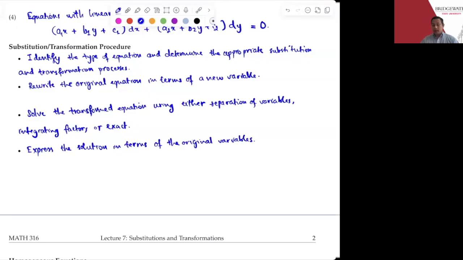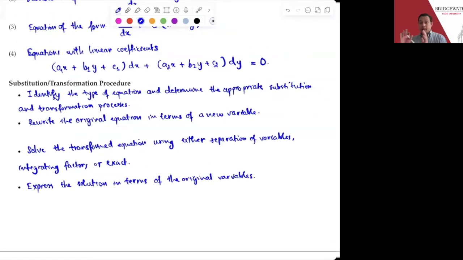Okay, so that's the procedure, right? Look at the differential equation, identify the type of equation, and determine the appropriate substitution and transformation process. Rewrite the original equation in terms of a new variable. Solve the transformed equation using either separation of variables, integrating factor, or exact. And then you express the solutions in terms of the original variables.